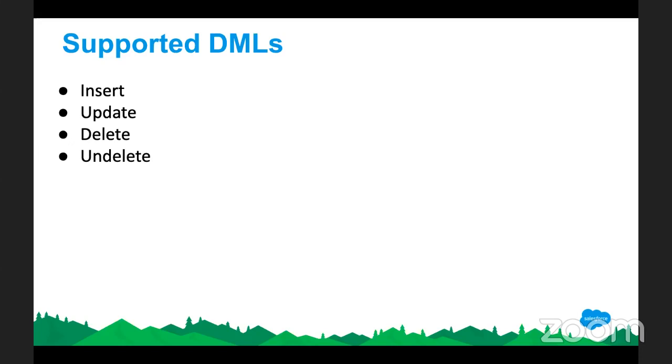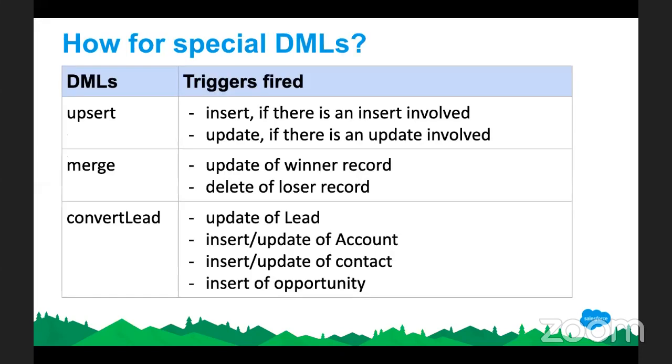So this needs no explanation. But how does it work for the upsert or merge? Again, that's also a DML, right? How does it work? So here is the answer. Like Mani said, upsert is a combination of insert and update.